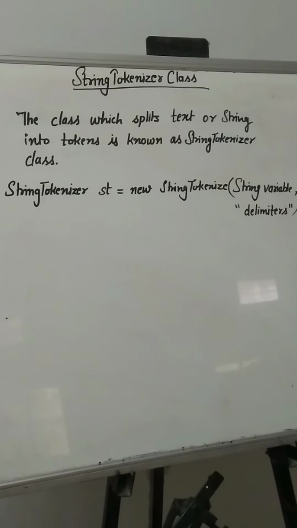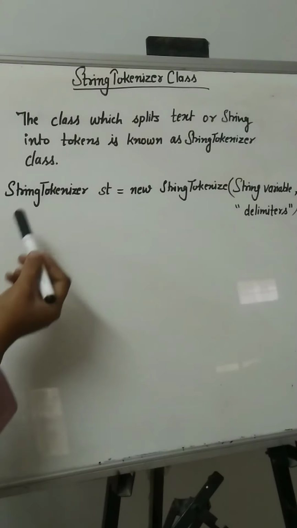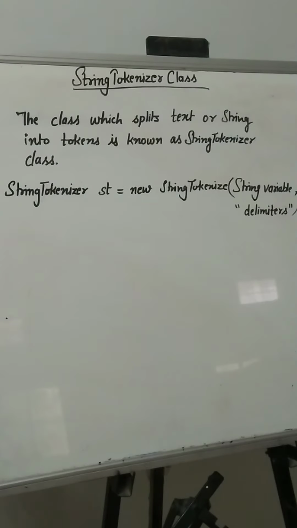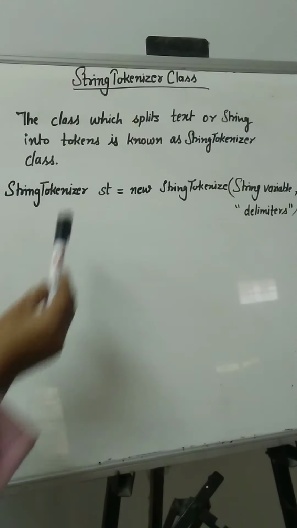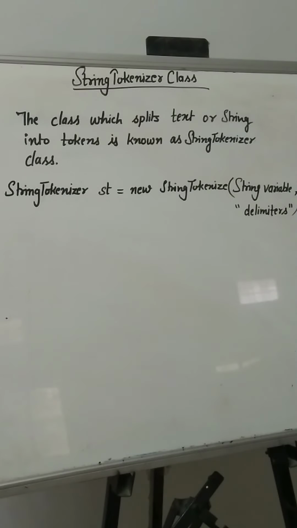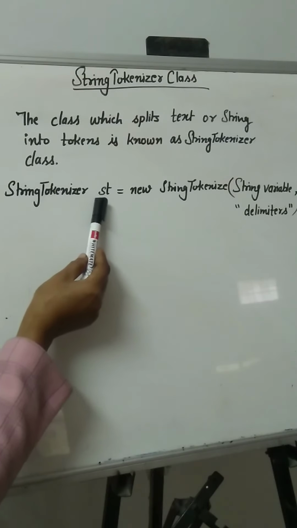The syntax, or format, of declaring a StringTokenizer is as follows. First of all we write the StringTokenizer class, then the object name of the StringTokenizer. I am writing st here, but you can change your object name.